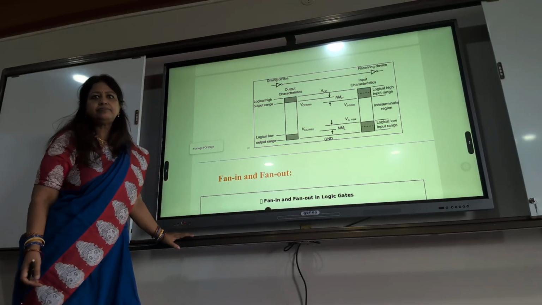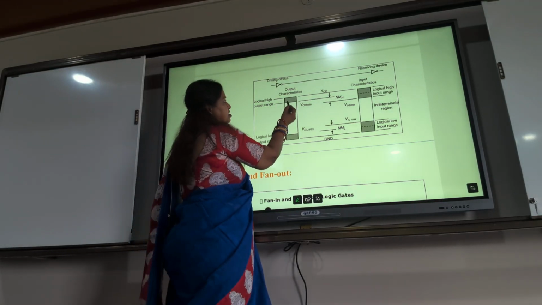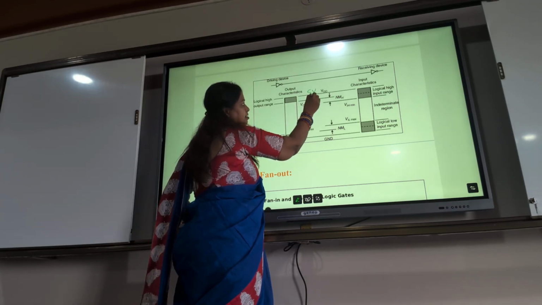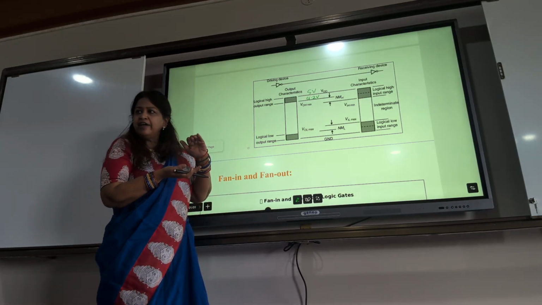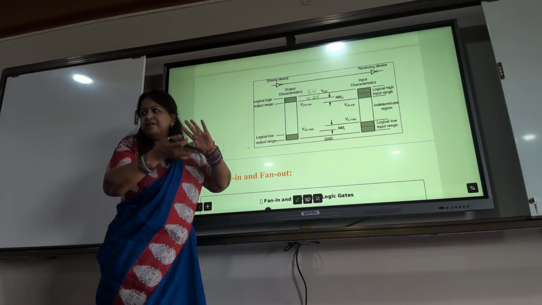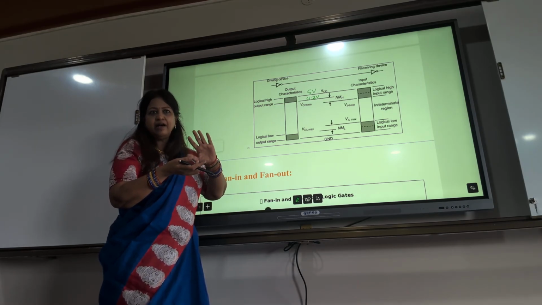Here, this is the output characteristics. This is 5 volt, this is 4.2 volts. From 4.2 to 5 volt, this particular device says it is high. If it is 4.1, it is not high.